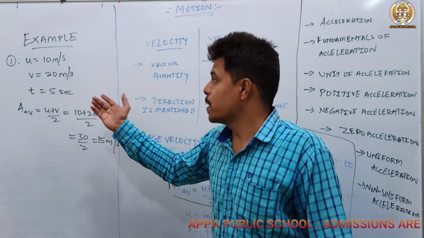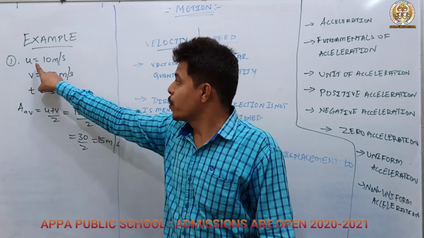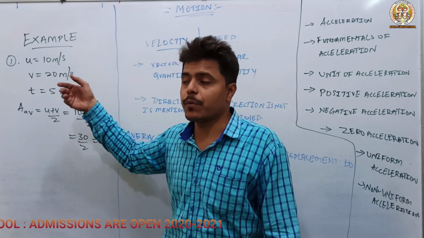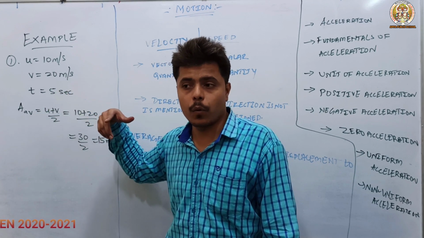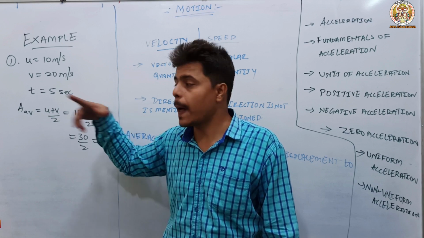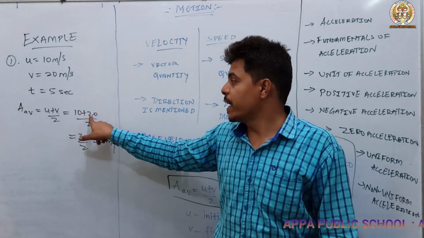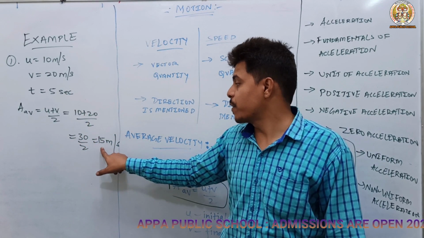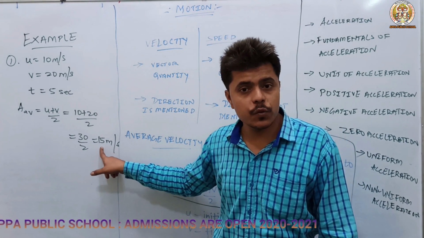Here is one example to understand how to solve average velocity problems. u is equal to 10 meter per second, v is 20 meter per second, and time is given as 5 seconds. Using the average velocity formula, (u plus v) by 2, where u is 10, v is 20, divided by 2, that is 30 by 2, which is 15 meter per second. Thus we got the average velocity.